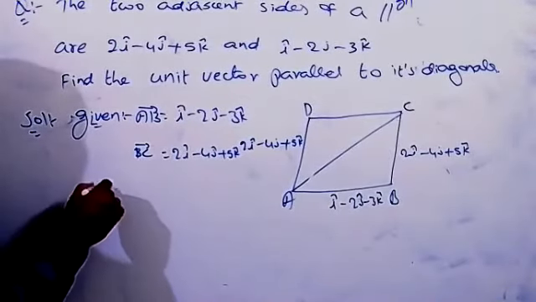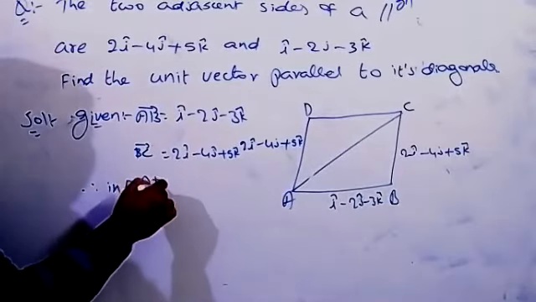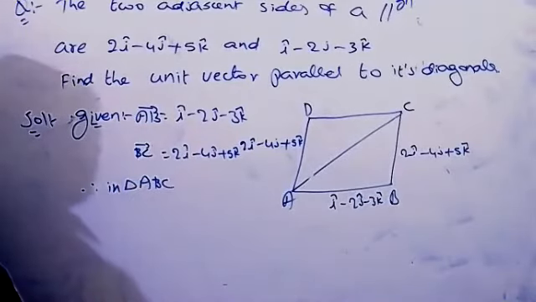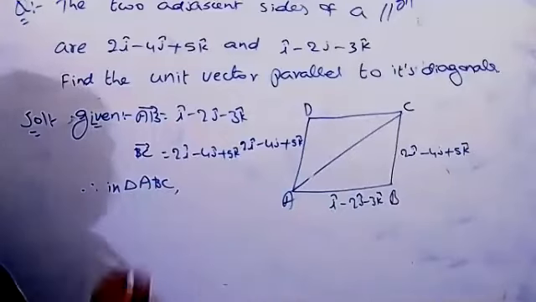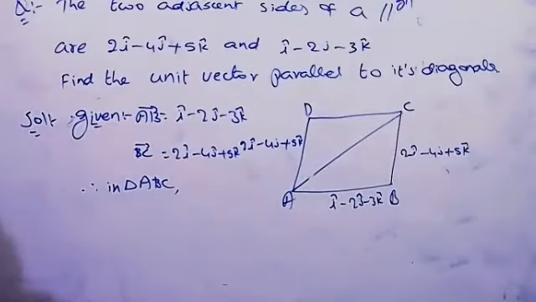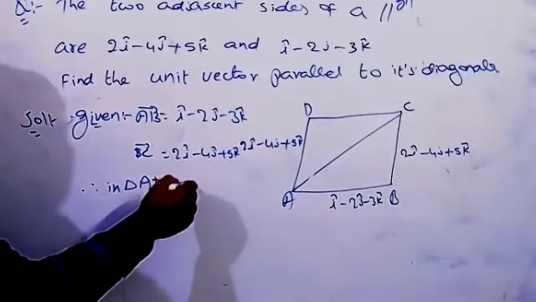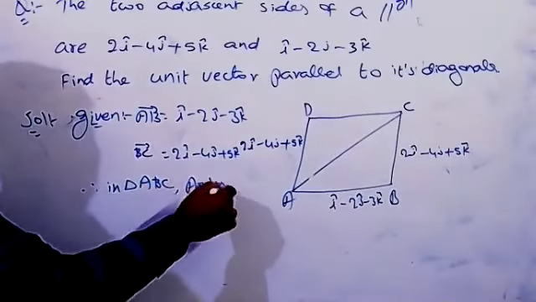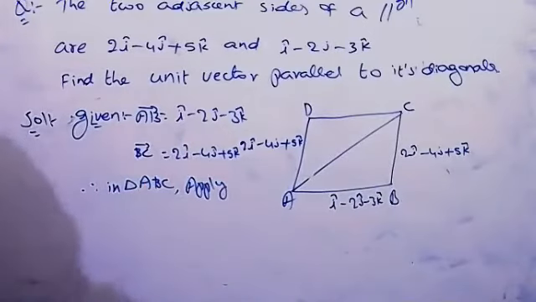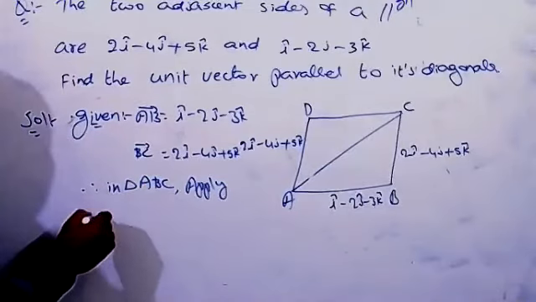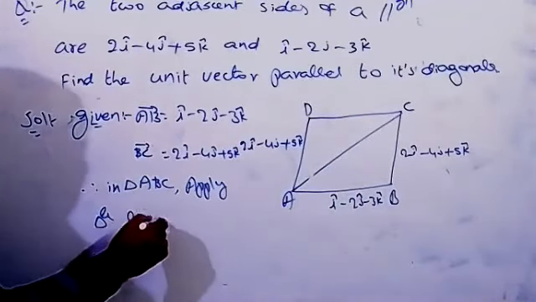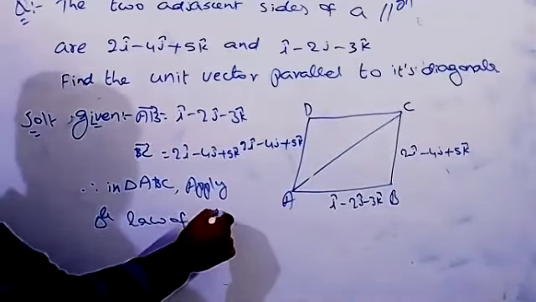So therefore, in triangle ABC, by the property of triangle, apply the triangle law of addition of vectors.